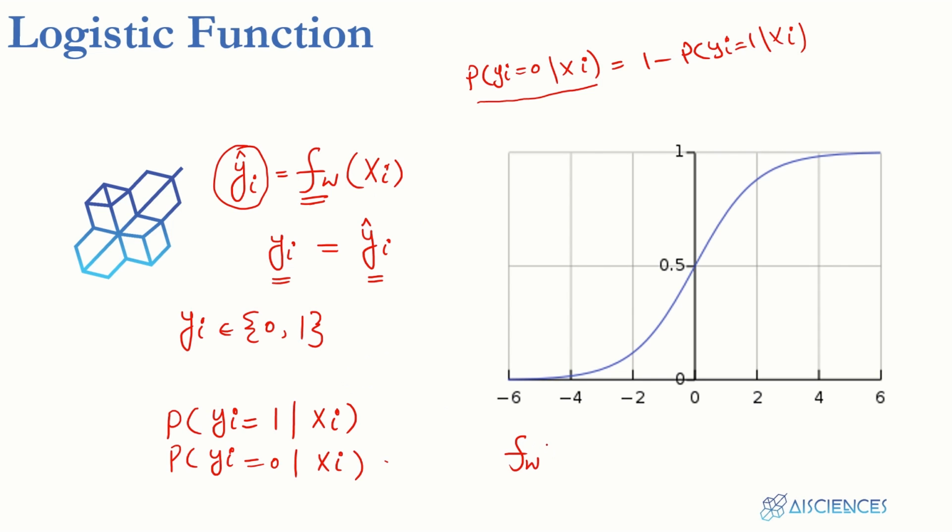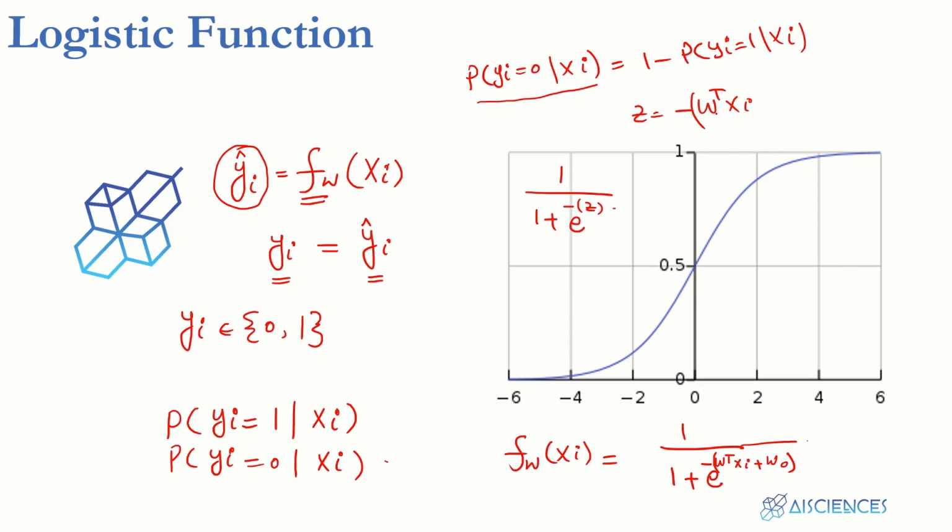So f_w of x_i might be 1 over 1 plus e raised to the power minus (w transpose x_i plus w naught). That horrible looking function is actually the following thing. You have 1 over 1 plus e raised to the power minus z, and z here is actually w transpose x_i plus w naught.